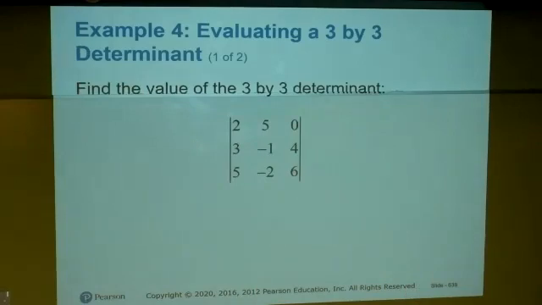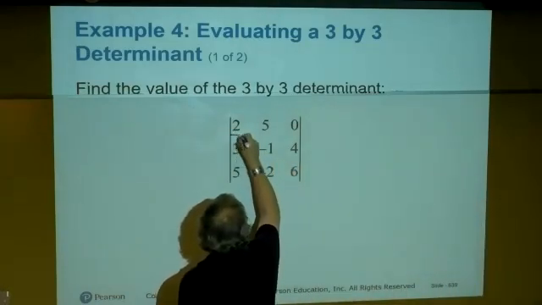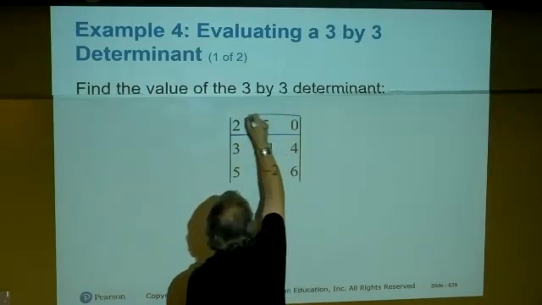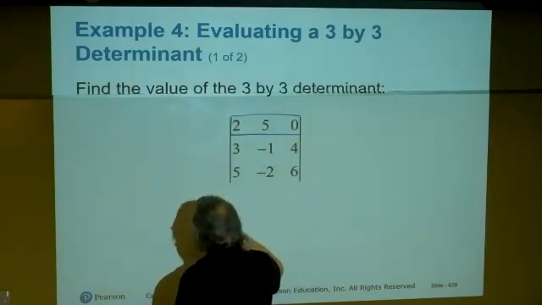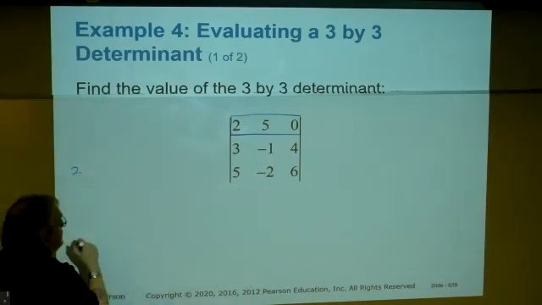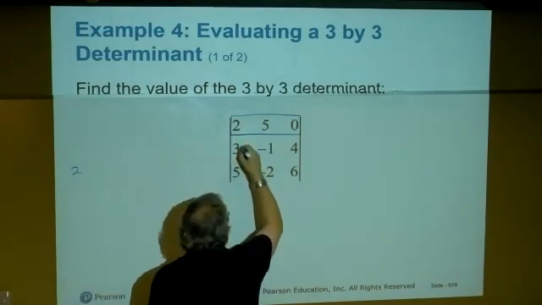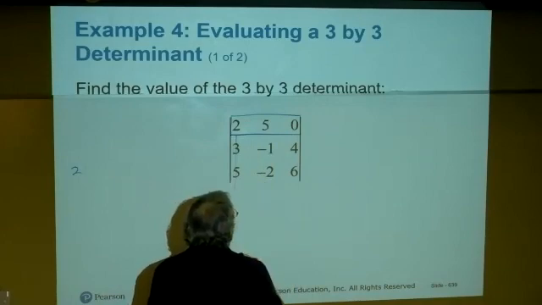Now, to find this determinant, I'm gonna work this two ways. I'm gonna use the first row. So the entry is 2, row 1, column 1.